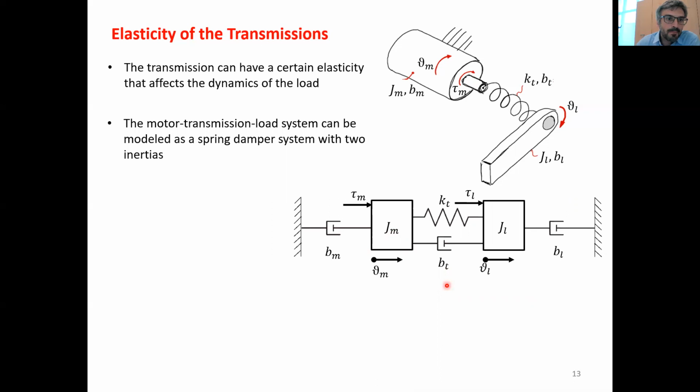So you have the spring representing the transmission elasticity and the damper representing the friction and losses in the transmission. And this is the inertia of the motor and this is the inertia of the load.